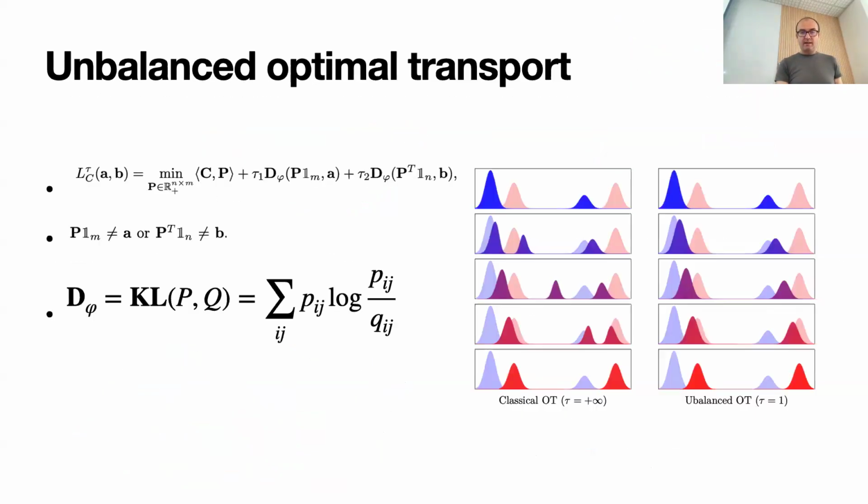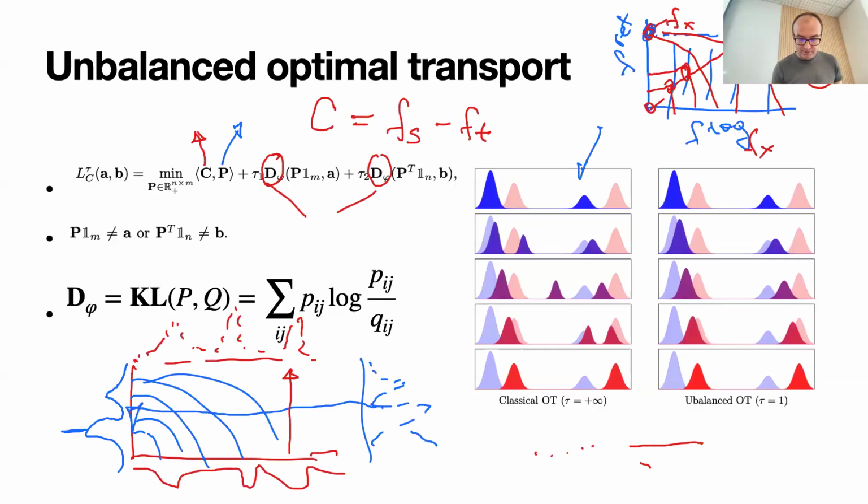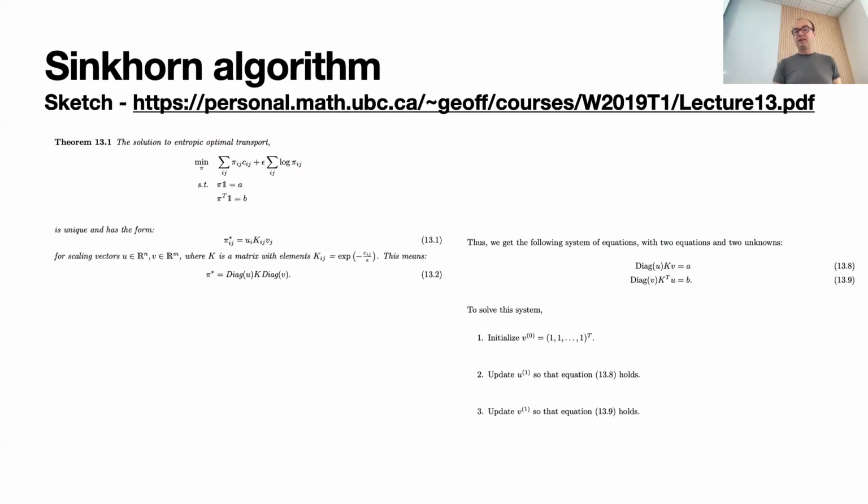Finding a minimal solution of this problem is rather complicated, and the algorithm for optimization is called the Sinkhorn algorithm. This is a PDF that shows a really nice and gentle introduction to how this algorithm works.